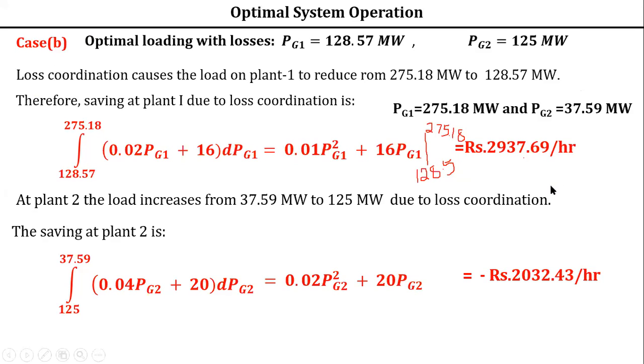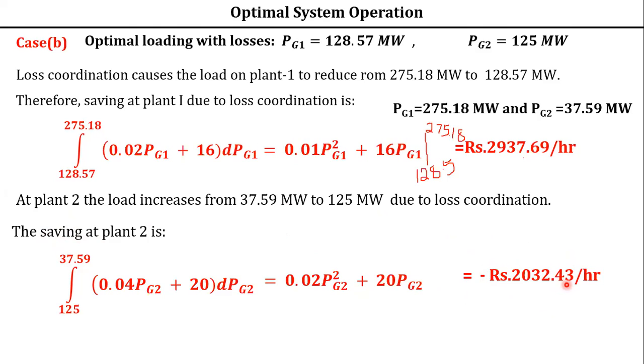Using any basic knowledge, you can see the generation has increased. So if generation is increased, obviously the generation cost will increase. That means it will be a loss over there. So that is why we are getting negative, but the term we use is savings. Savings is minus rupees 2032.43.